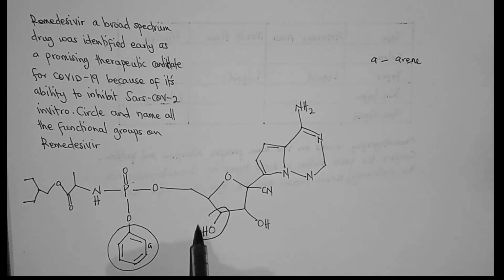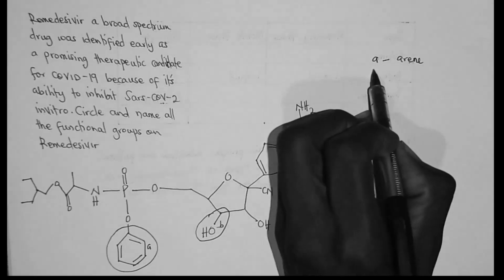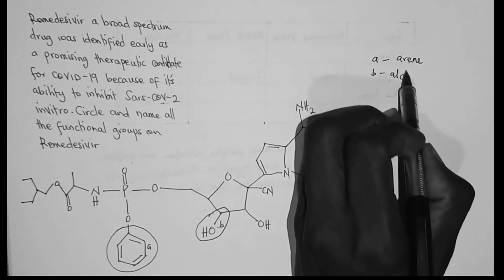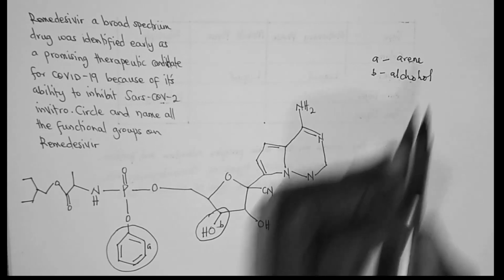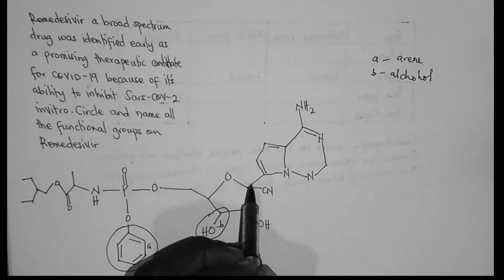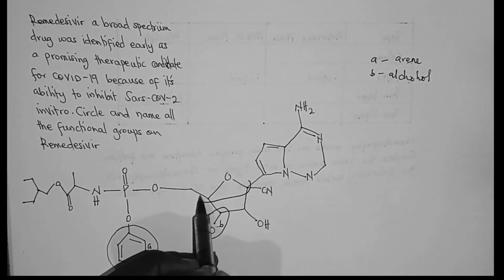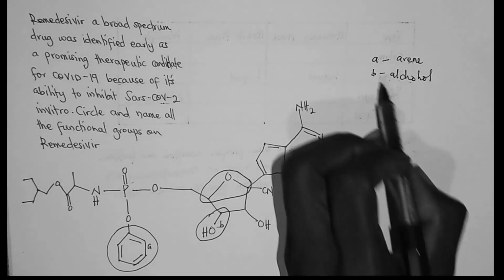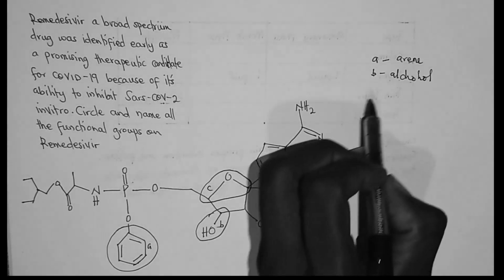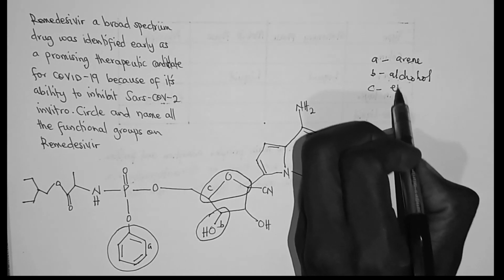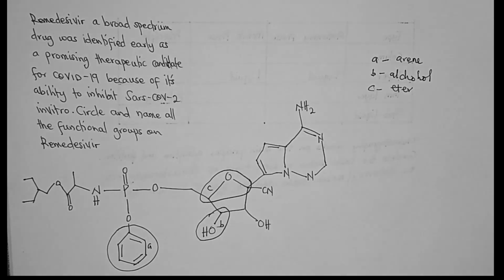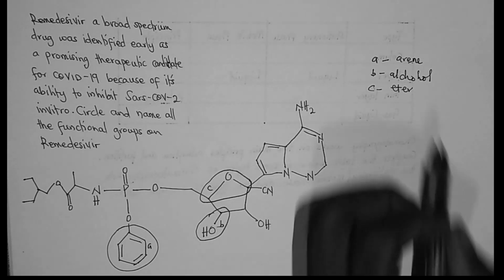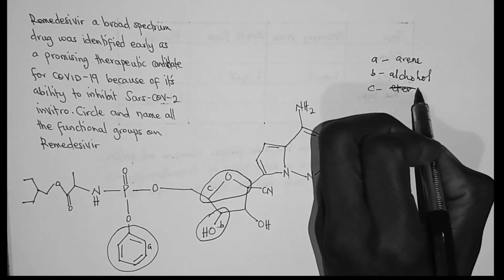And then the second functional group of interest is this functional group, B. And then B is an alcohol. And then the next one, you can see this functional group. This functional group is, let's say, C. And then C is an ether.